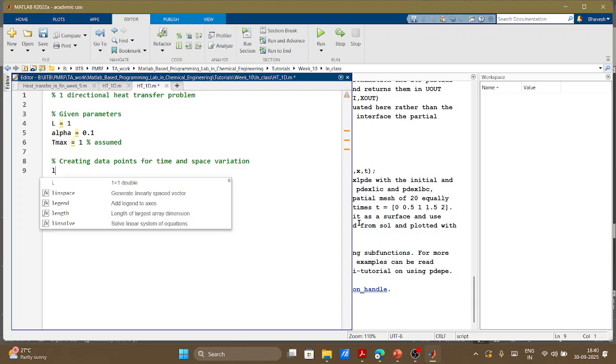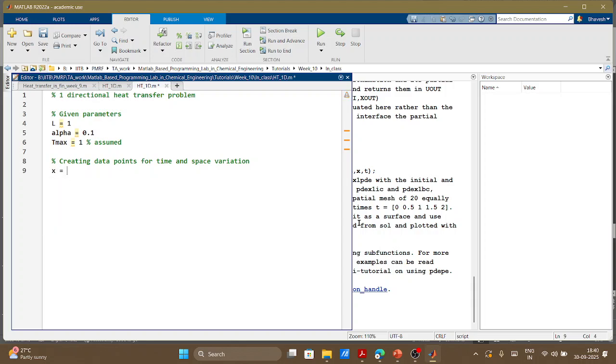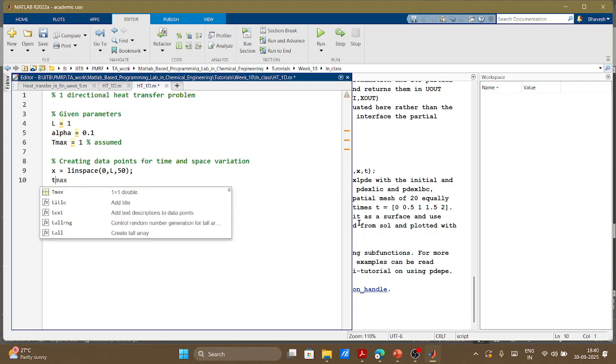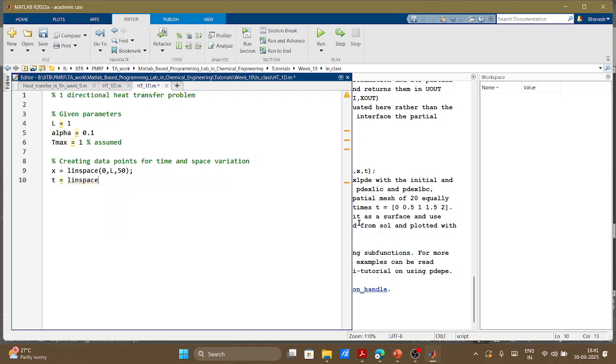Okay, so what I will do is create x equal to linspace, starting from 0 to L. Let's say we have 50 data points for the length part, then t equal to linspace, I start with 0, go till t max, and let's say 100 points because I want to see more variation in time. Okay, let me suppress these outputs.